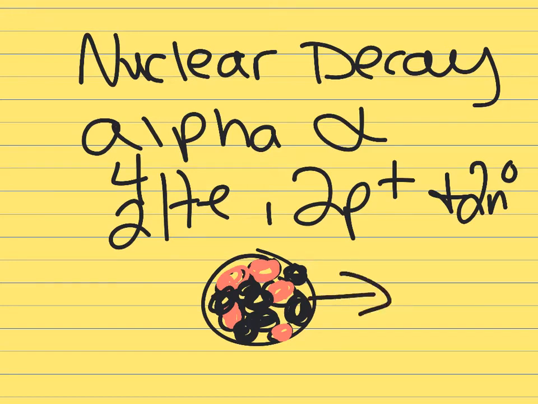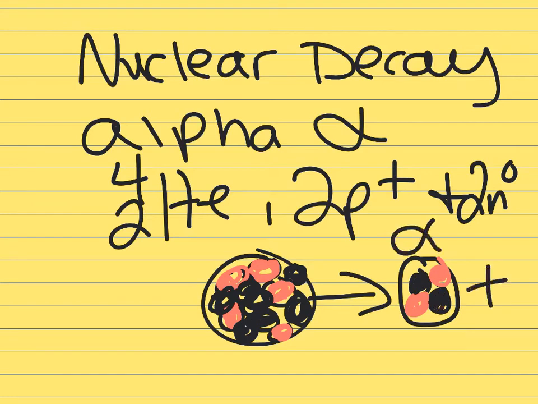If it breaks down by alpha decay, what you would get is a little particle that contains 2 neutrons and 2 protons. And that's your alpha particle right here.